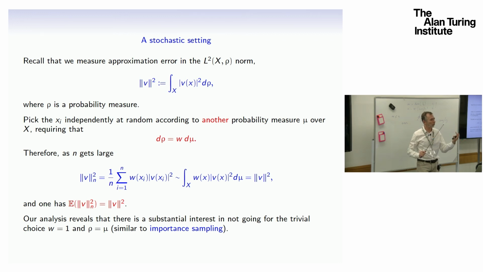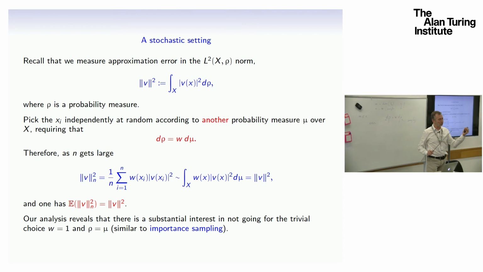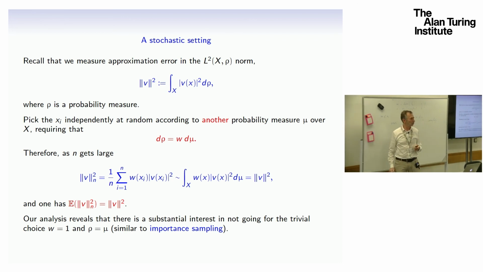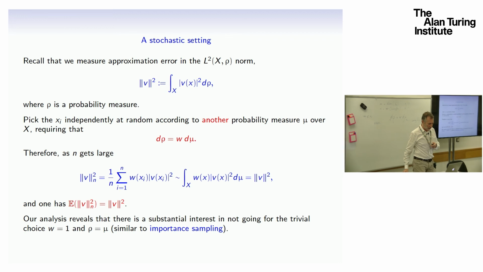Right? When you do a Monte Carlo average, sometimes you don't want to sample with respect to the measure with which you are integrating, because the function that you are integrating has certain properties. It makes no sense, for example, to sample in regions where the function takes 0 value, even if the probability measure doesn't take 0 value. Okay? So that is the same idea, but now applied to this problem, and we will see how it comes out.